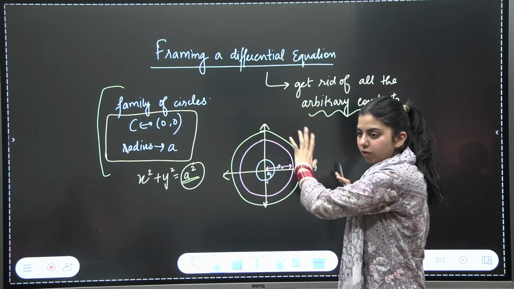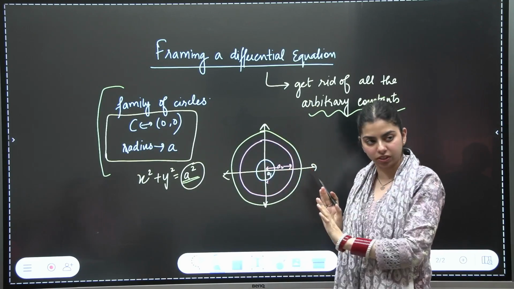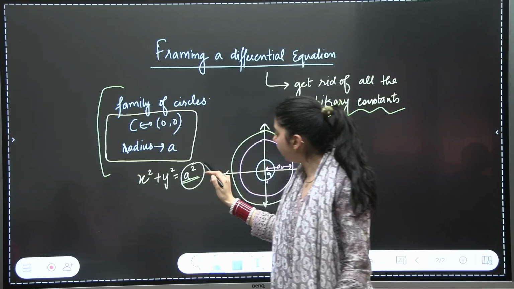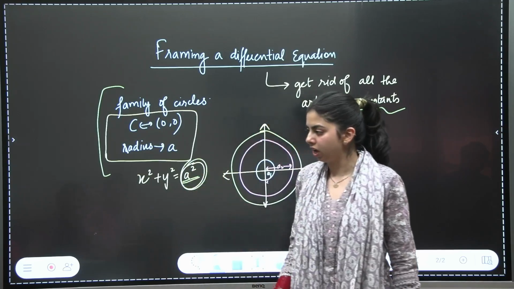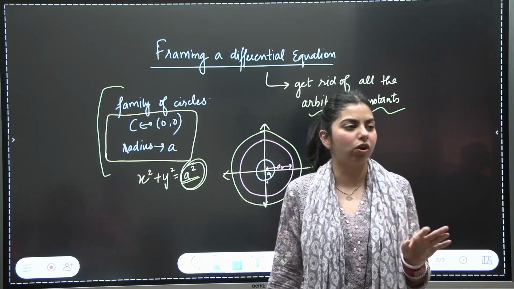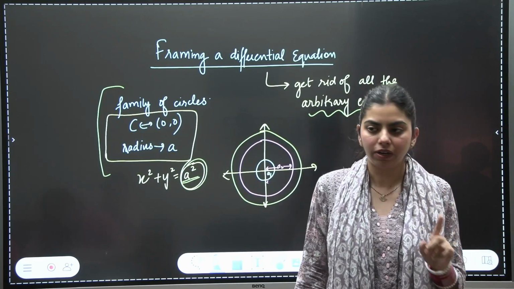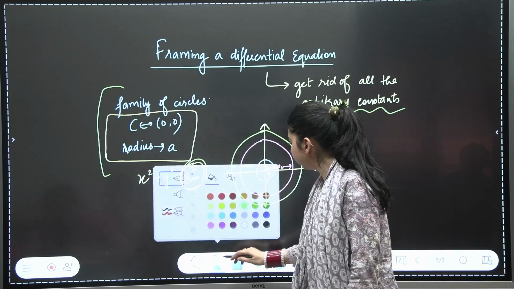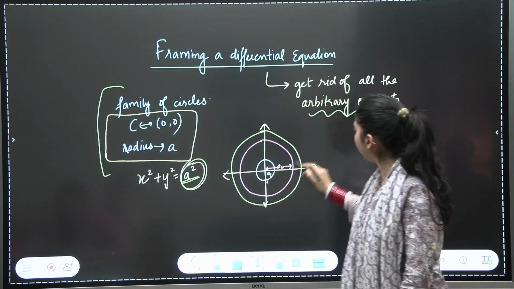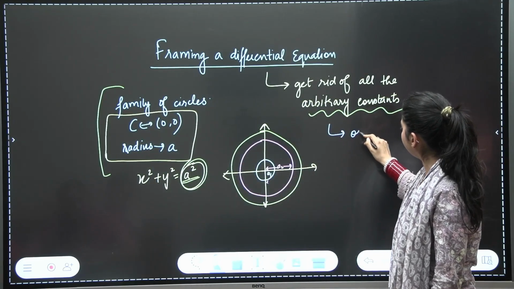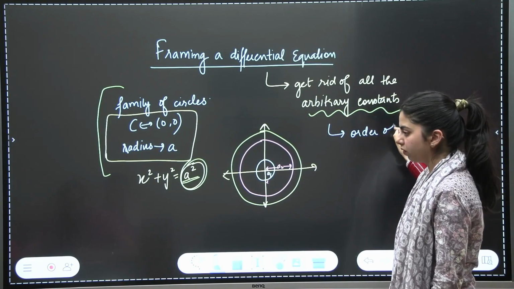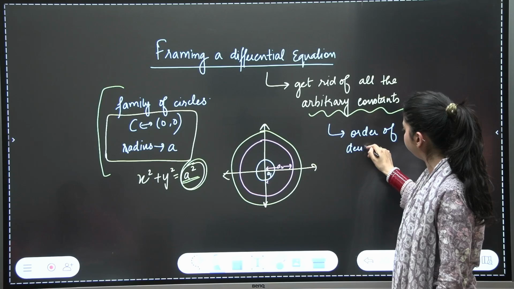Now, if I want to find a differential equation that satisfies this setup, that means a differential equation which represents all such circles, I want to get rid of this A, right? The idea is you want to get rid of your constant, but with one rule. The rule is you can do only derivatives of a limited order. What is the order of derivative?